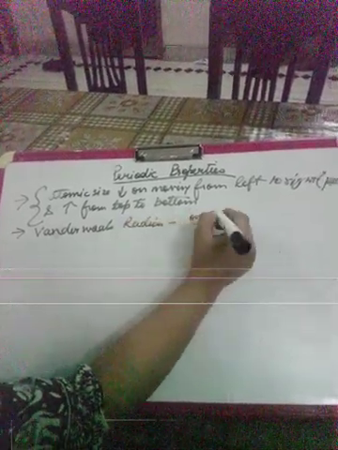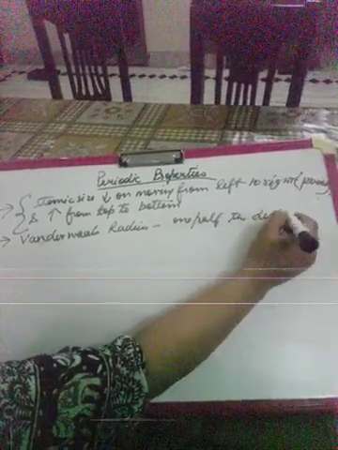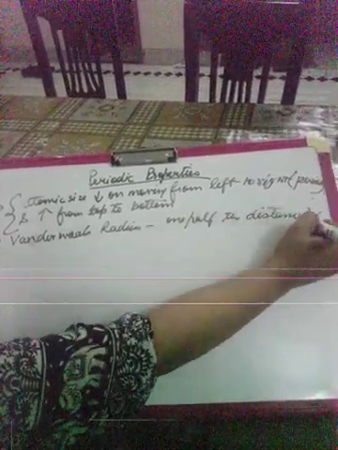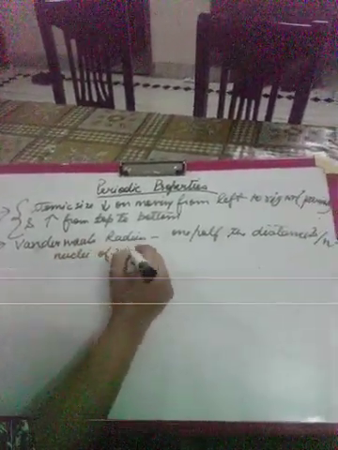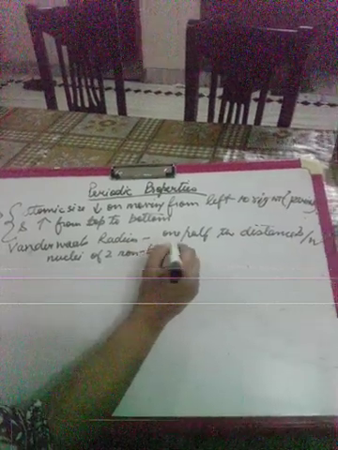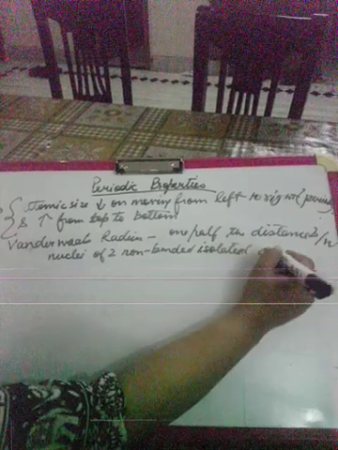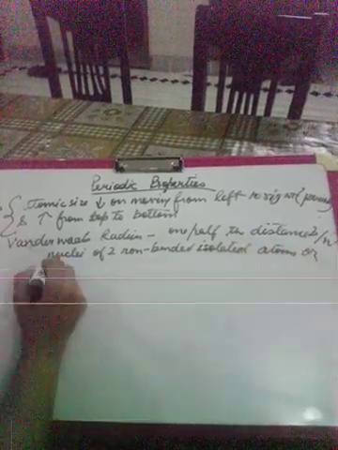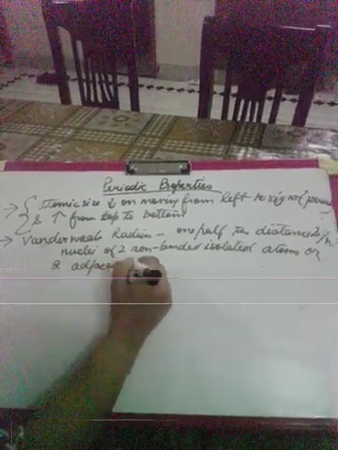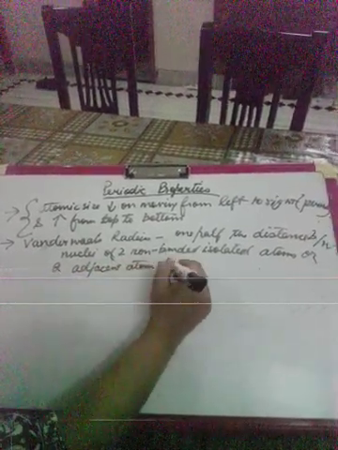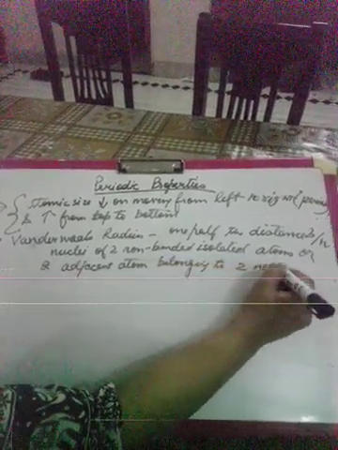It is 1/2 the distance between the nuclei of two non-bonded isolated atoms, or two adjacent atoms belonging to two neighboring molecules.